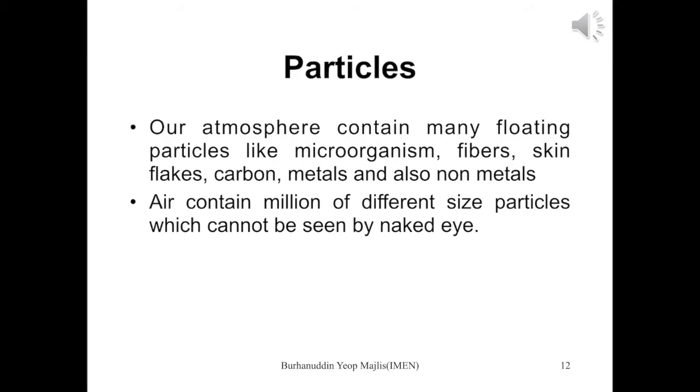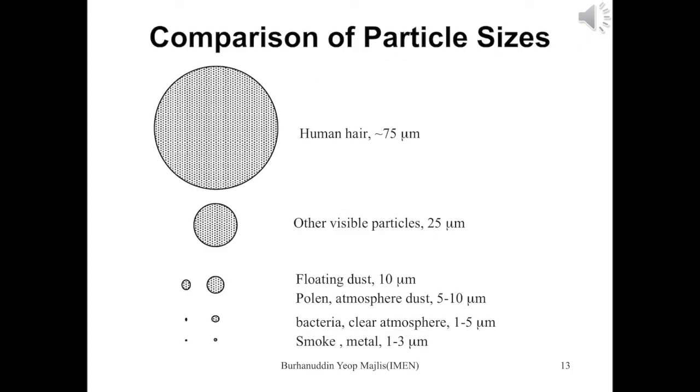The particle that you can see by your naked eye is already very big, and that one you can easily remove. But particles smaller than that you cannot see, even though you feel that you are already in a clean environment. So that's why we need a proper filter to clean the environment.